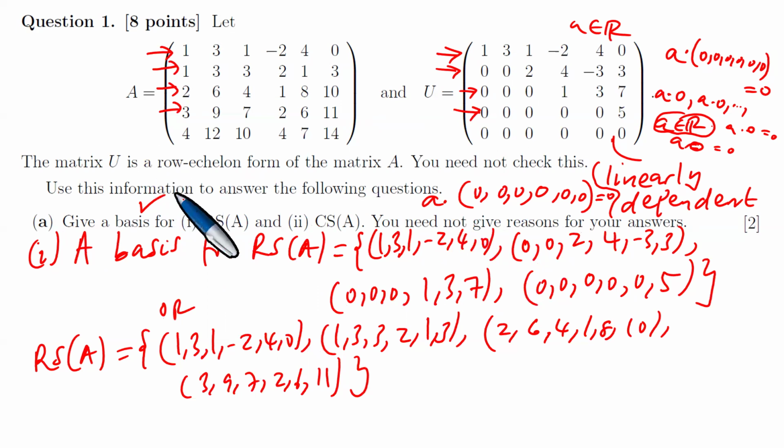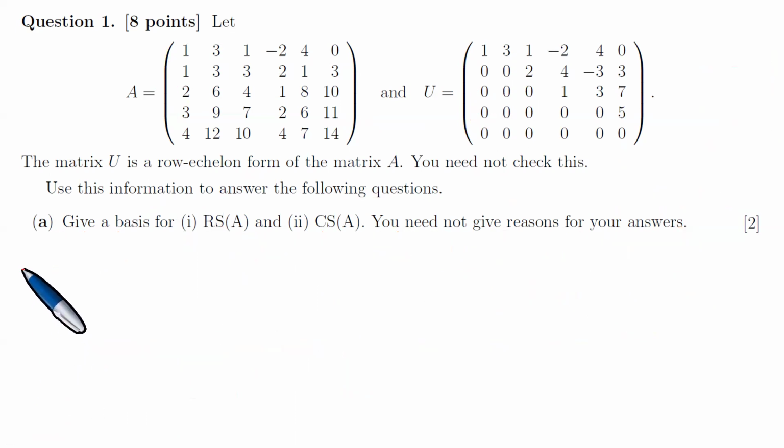And we proceed now to the next question. In the next case, we're interested in the column space. Similarly, in the column space, you focus on the linearly independent columns. So which columns are linearly independent?